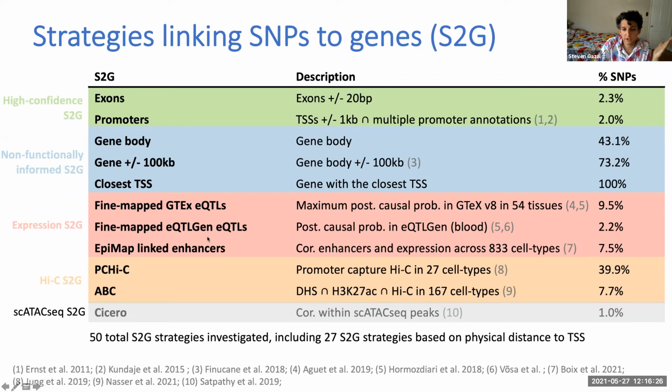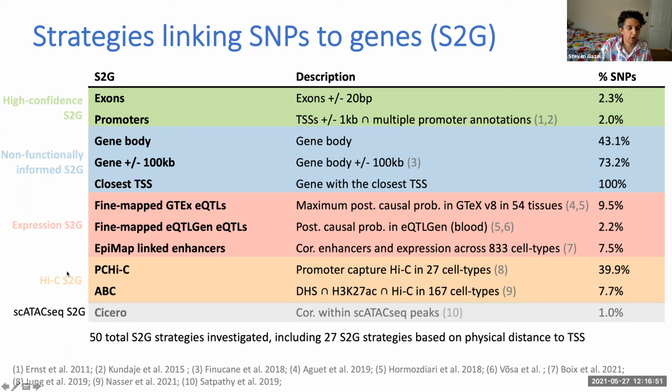Then you have the eQTLGen Consortium, a big consortium with around 30,000 individuals with blood expression. And then you have this new map, which I like, the EpiMap enhancers, which are linked to the genes by looking at the correlation between enhancer activity and expression across more than 800 cell types.